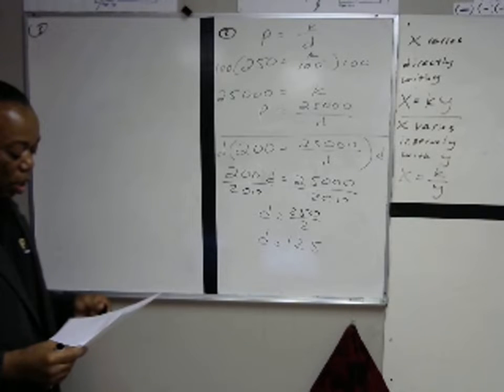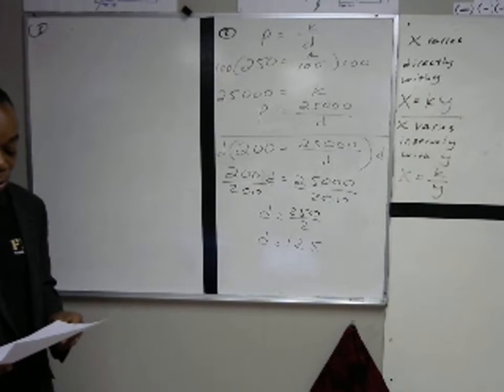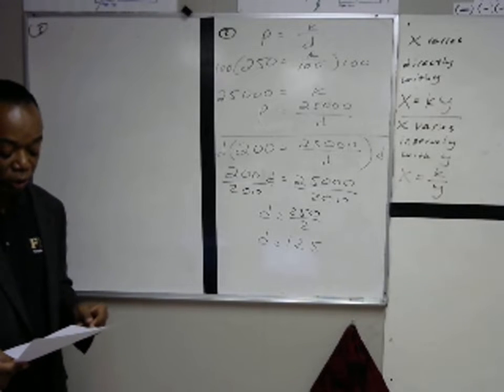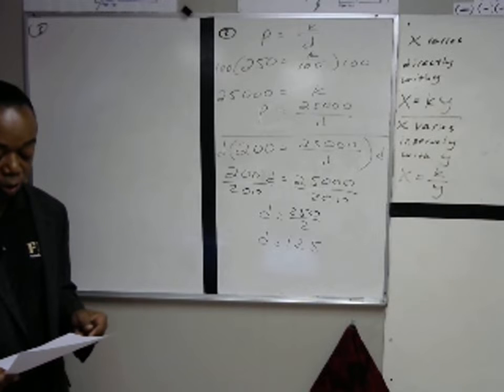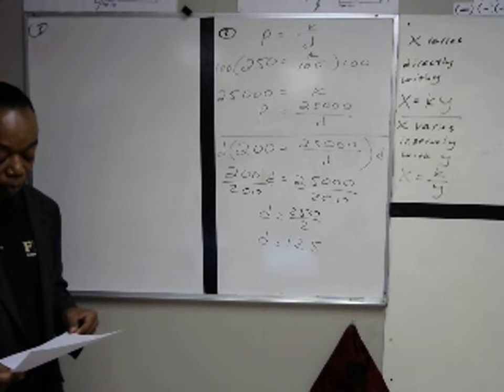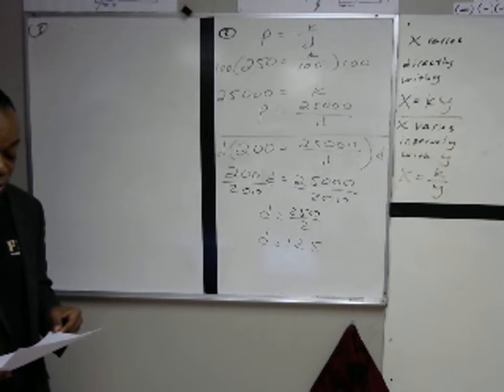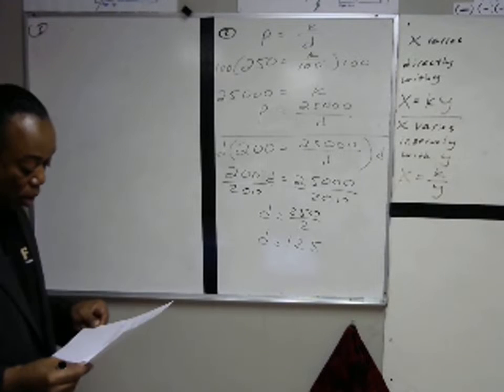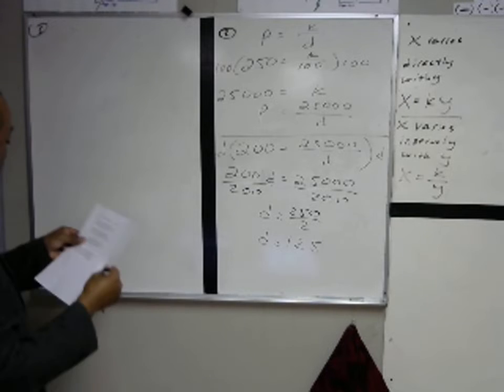Okay, number 3. The area of a circle varies directly with the radius squared. The area is 6.75 centimeters squared, while the radius is 1.5 centimeters. What will the area be if the radius is 2 centimeters? Let's see.